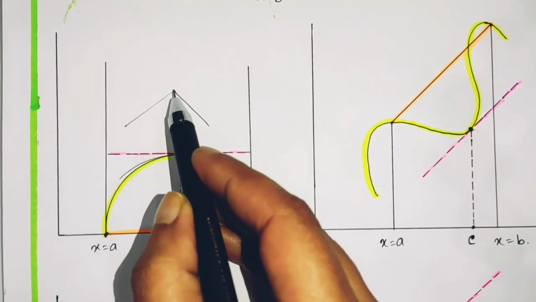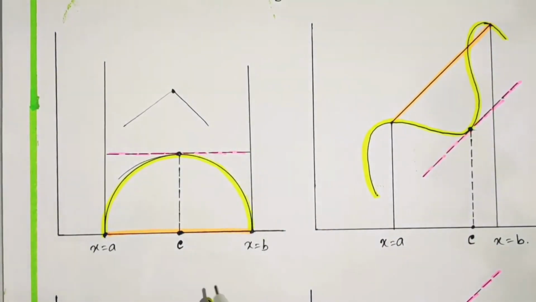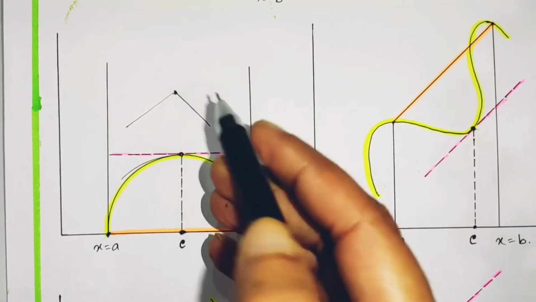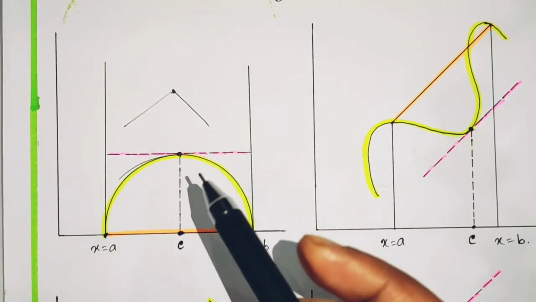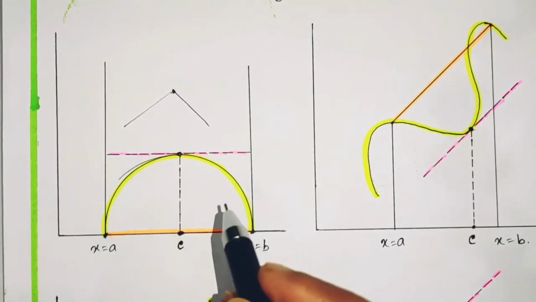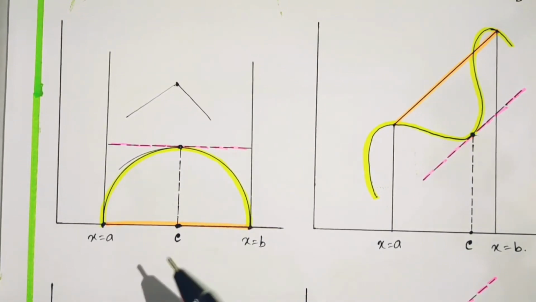Not only corners, but if you find any cusp in a given curve, then at those points also the derivative doesn't exist. I hope you know all about these derivatives as we go for the function.